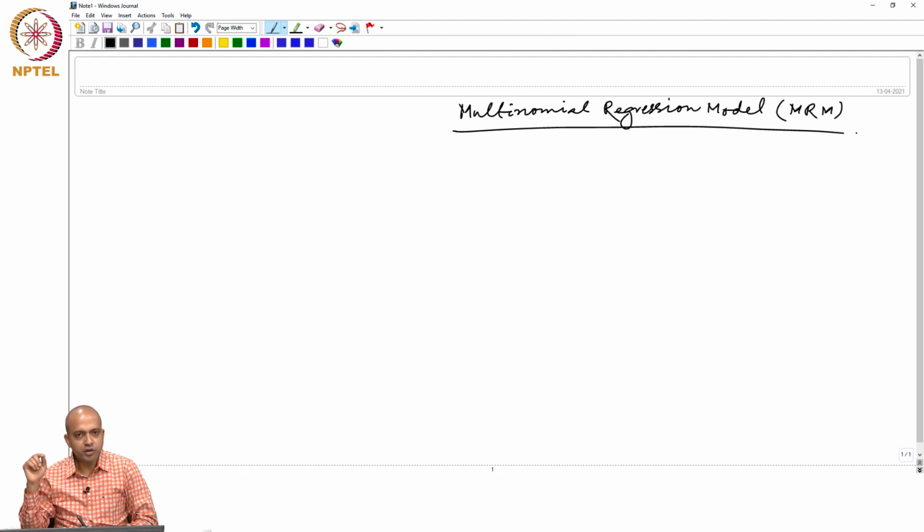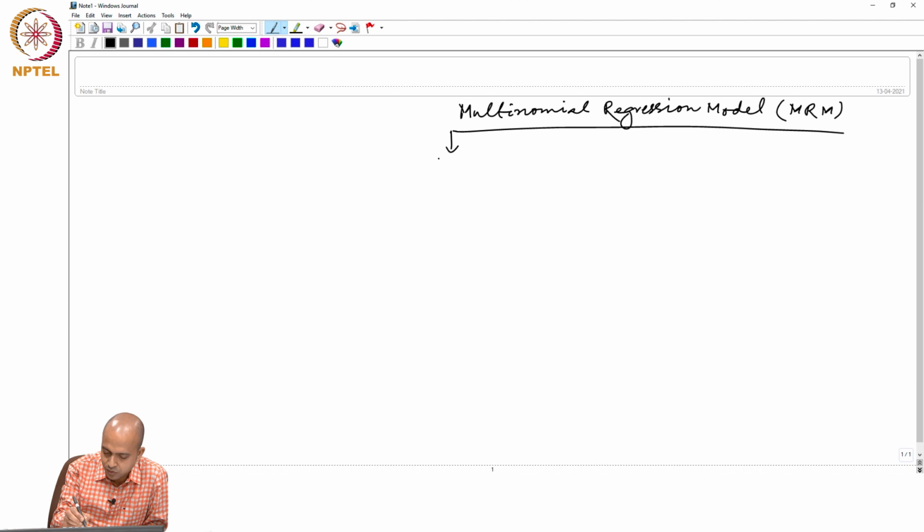And this multinomial regression model is basically of two types: firstly, the nominal multinomial regression model, and the ordinal one. In nominal, the choices are not ordered, that means there is no value judgment attached, but in the context of ordered MRM, the options are ranked or ordered according to their preference or value. So, we started with the nominal multinomial regression model, and this is ordinal.